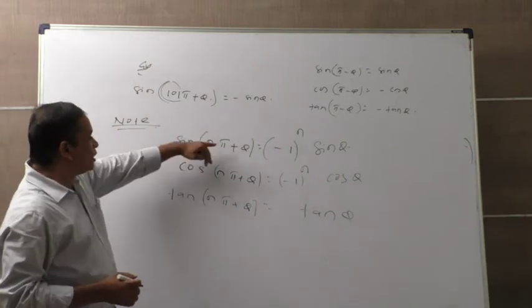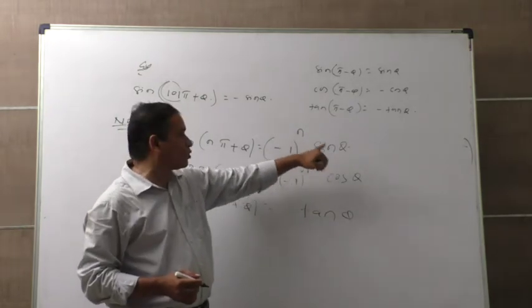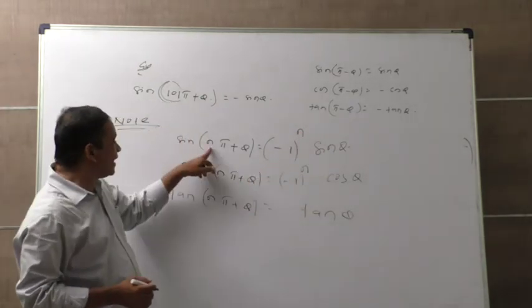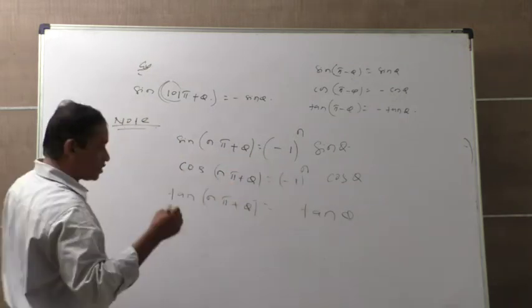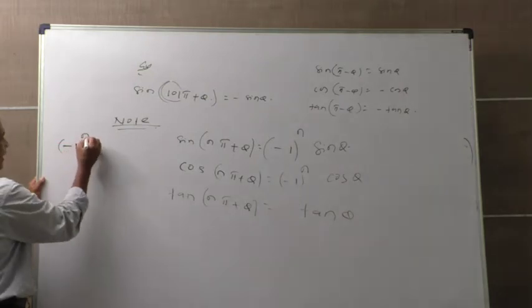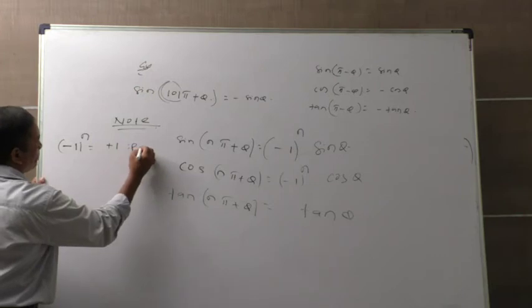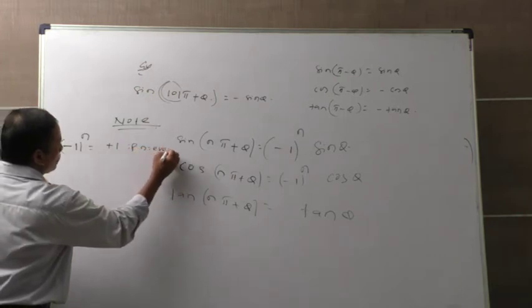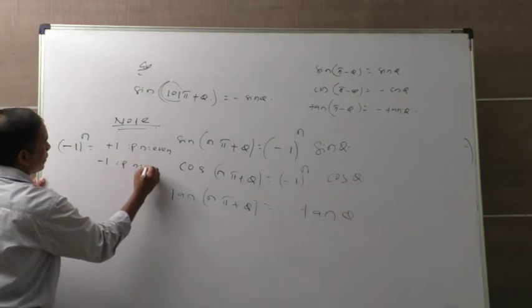That means if n is even, minus 1 to the power even is positive, so that will be sin theta. If n is odd, this one will be negative. So that is a general rule: minus 1 to the power n is plus 1 if n is even, minus 1 if n is odd.